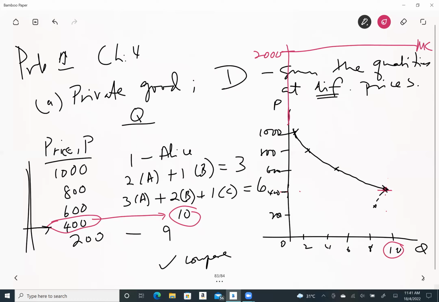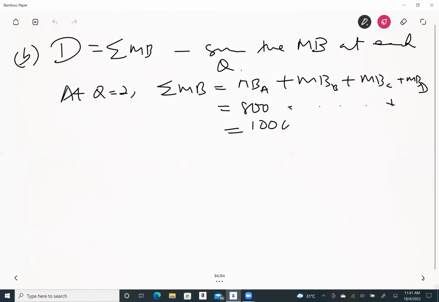So what is the equilibrium output? Efficient output. For a private good, for equilibrium, what is the condition?